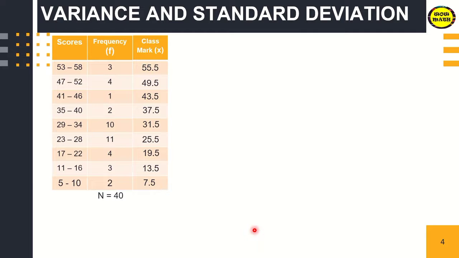Okay, next. After the class mark, we are going to get the fx, the frequency times the class mark. So i-multiply natin itong column na to, yung frequency natin saka yung class mark. So that is 3 times 55.5, and that is 166.5.